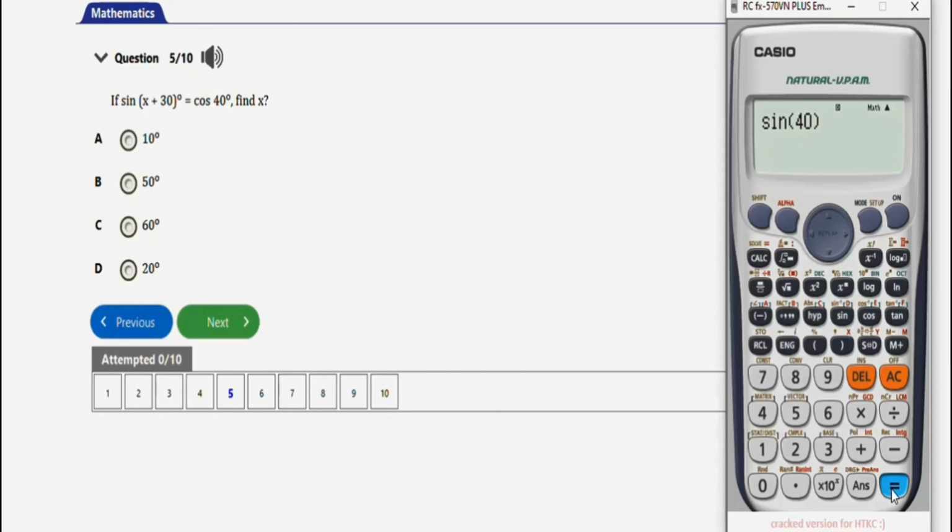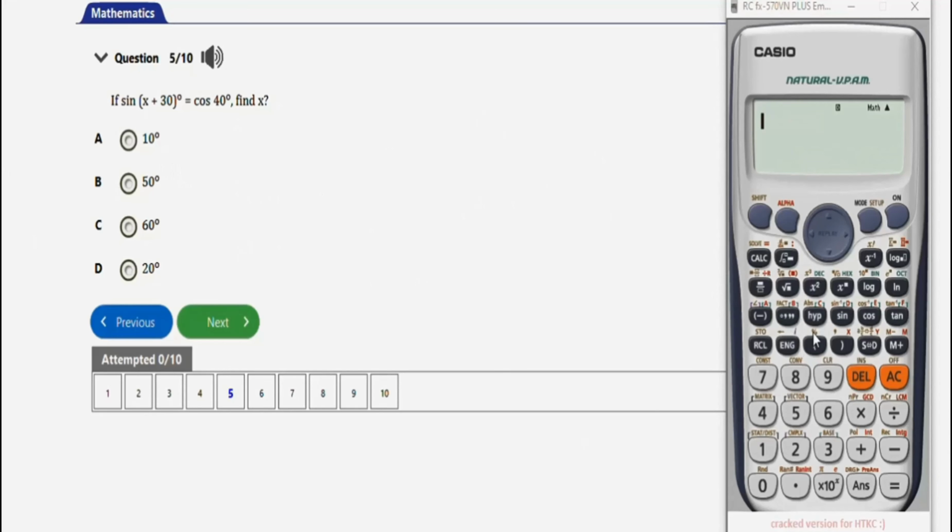The output is 0.64. Let's check cos 40 to see whether we are going to have 0.64. Cos 40, close the bracket, degrees, 0.76. No.